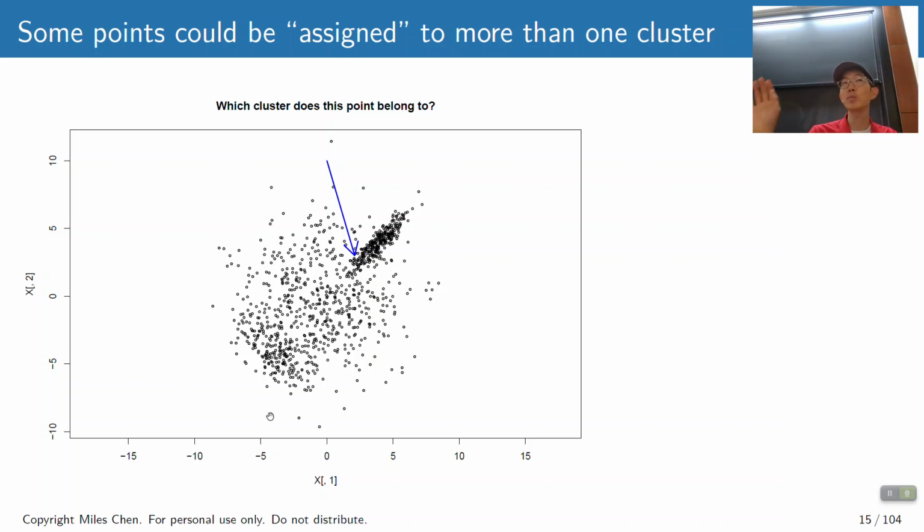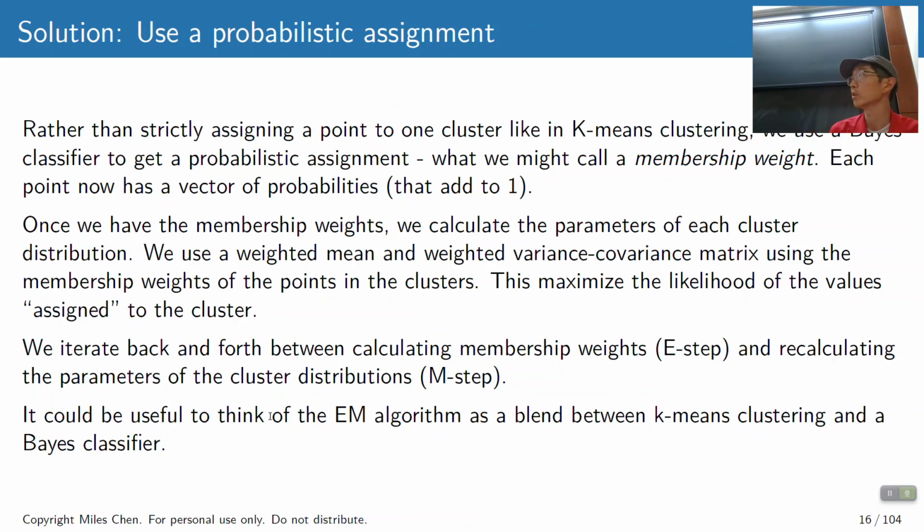K-means clustering says this is the nearest centroid, therefore it belongs to this cluster. The EM algorithm is going to say, based on this value and the properties of the clusters that we have, it's 50% cluster 1, 49% cluster 2, 1% cluster 3. So we are going to handle this probabilistically.